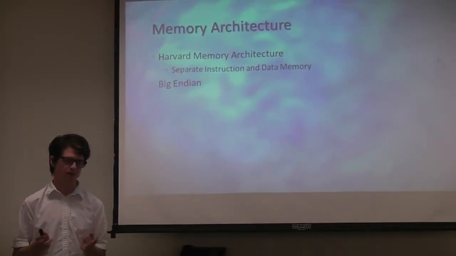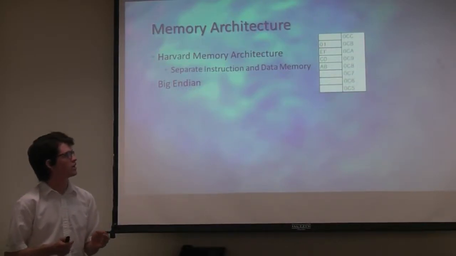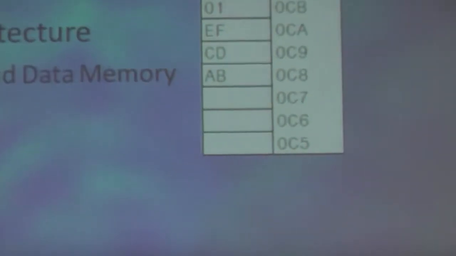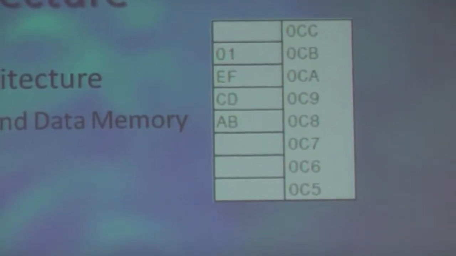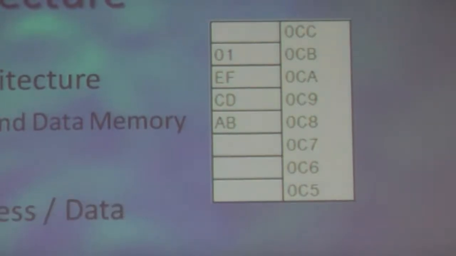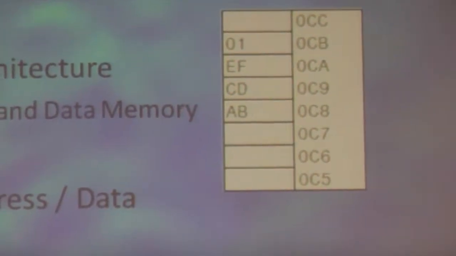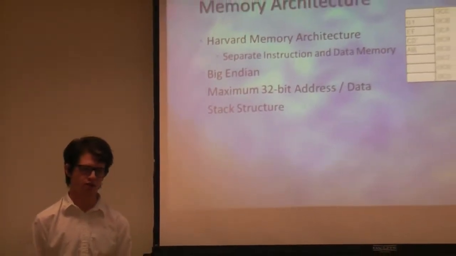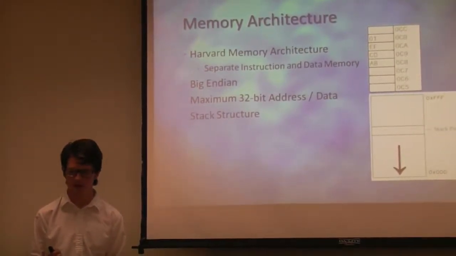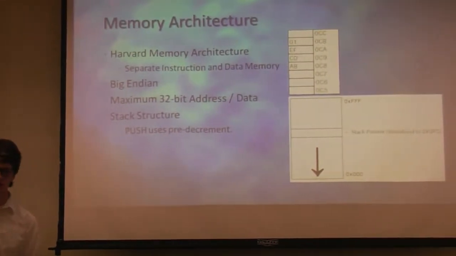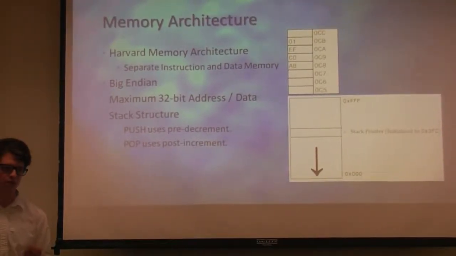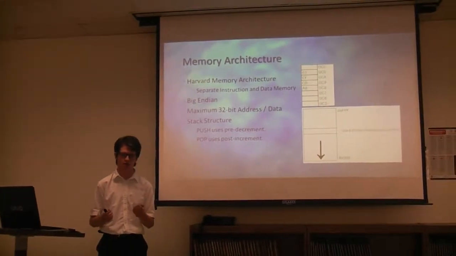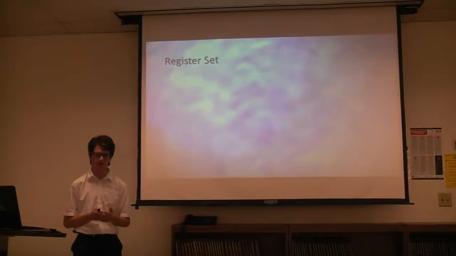We're using big endian, which means that the big address is stored in the higher address. We have a maximum 32-bit address data line, and we also implemented a stack structure using push and pop operations. Push uses pre-decrement, and pop uses post-increment. And we'll go into the instructions we added, push and pop, later in the presentation.